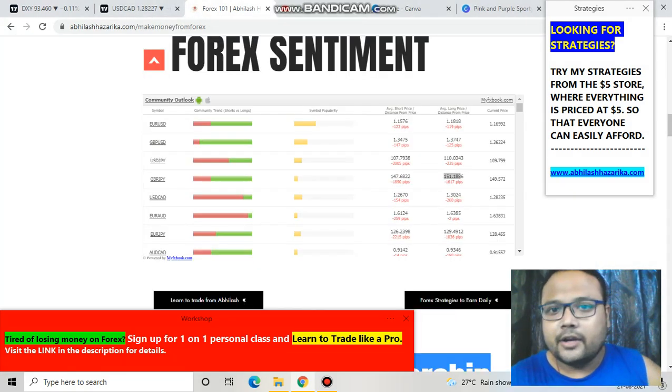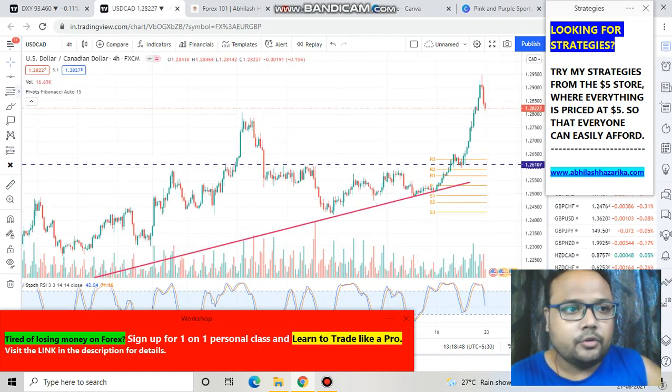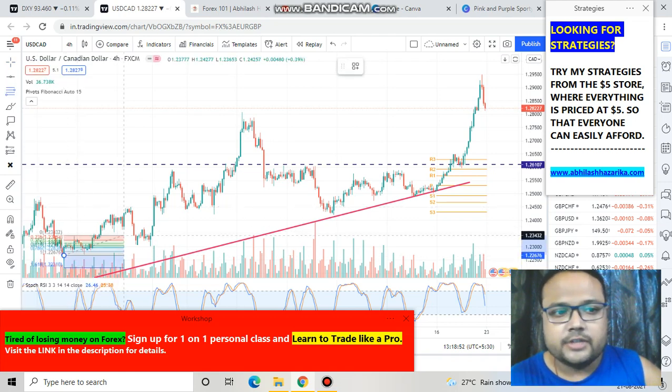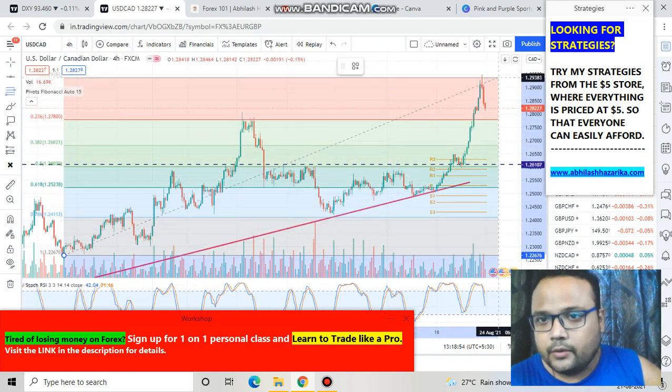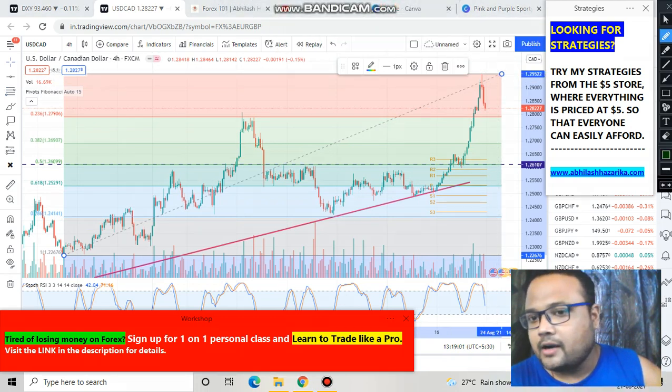And your second trading opportunity is, you'll have to draw a Fibonacci pattern here. Generally, I do not draw Fibonacci retracement, but here we do not have any other option because the current market price is far away from this support and this level.